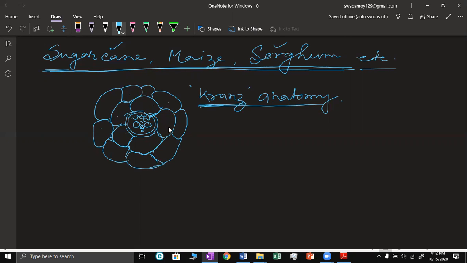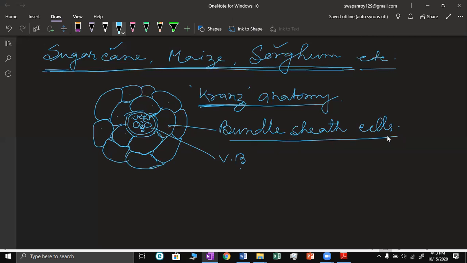These cells surrounding the vascular bundle are known as bundle sheath cells.